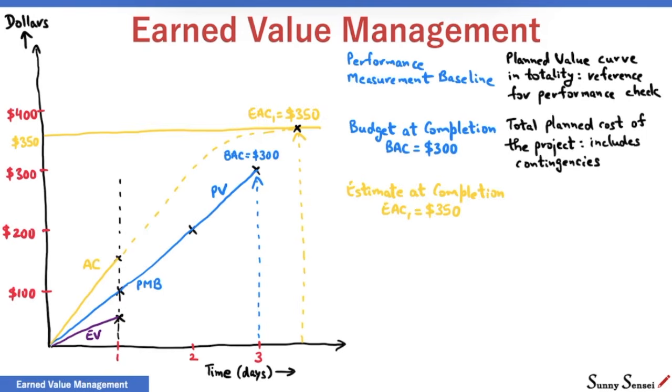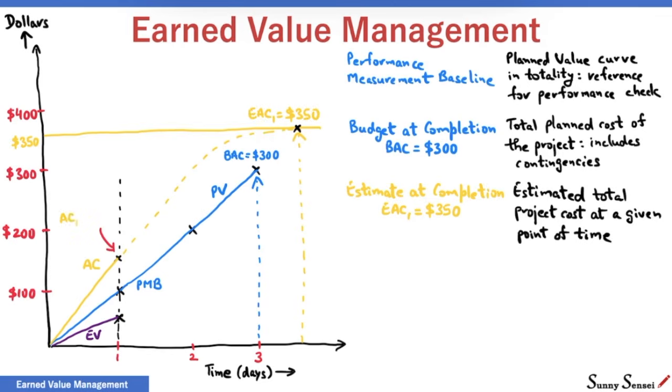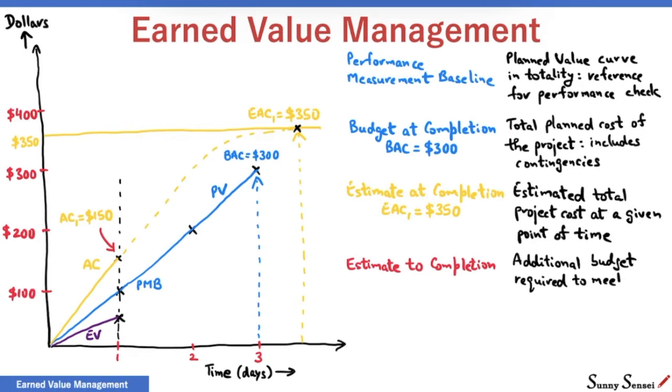Estimate at completion is the estimated total project cost at a given point of time. It is end of day 1 and we have already spent $150, the actual cost. Estimate at completion is $350. The gap between these two is estimate to completion, or ETC. ETC is the additional budget required to meet the project objectives at a given point of time, end of day 1 in our example.